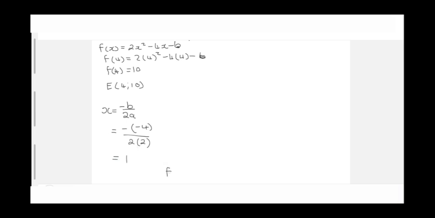So we already know that for coordinate F, the x coordinate is 1. So now we need to find the y coordinate. As we did before, we substitute it back into our parent equation. F of x, 2x squared minus 4x minus 6.